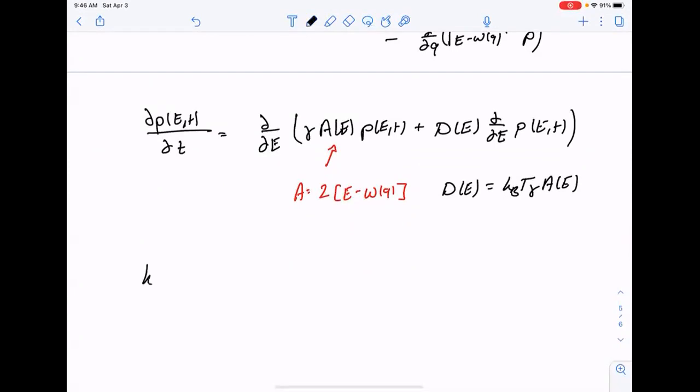And in fact, we can immediately jump to the result of what the rate constant is.